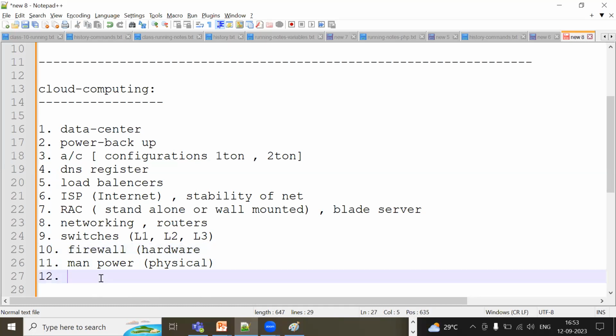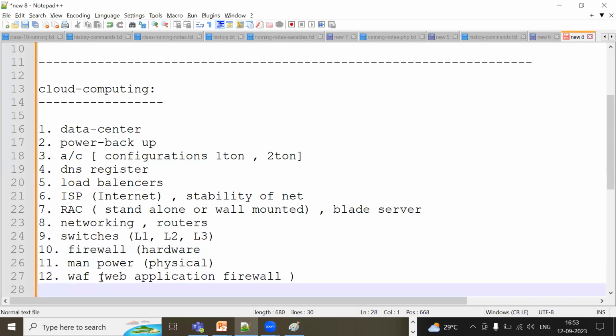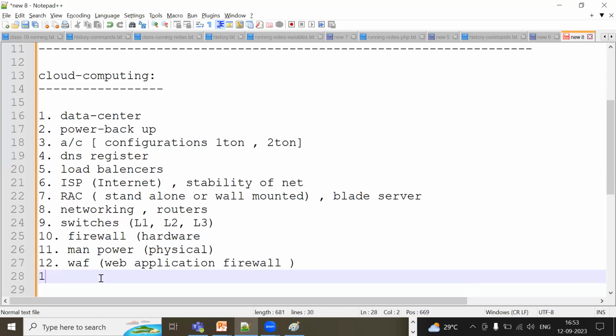And apart from this, you'll try to have a WAF, web application firewall. This is also a kind of firewall which you will use in real time. And the government license, which is very important. Before setting up a data center, you need to take approval from the government.